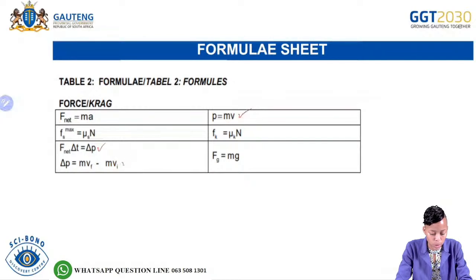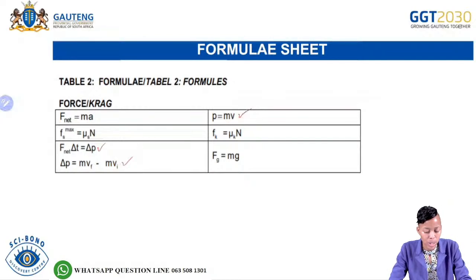Then we are also going to use this one here, which is Δp = mv_final − mv_initial. So it is very important that you have a formula sheet, so that even when you are doing your homework or practicing, you are able to refer to your formula sheet.